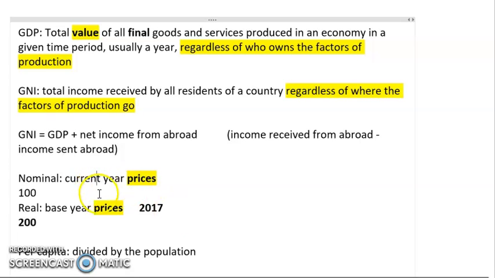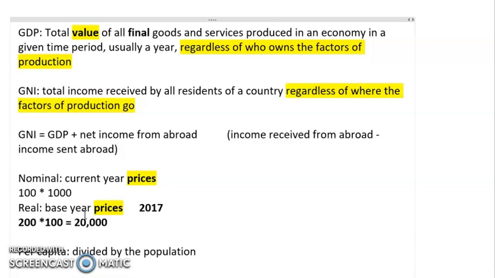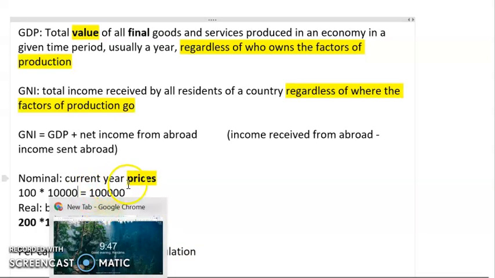And let's say in 2021 they produced a total of 1,000 cars, and in 2017 a total of 500 cars.